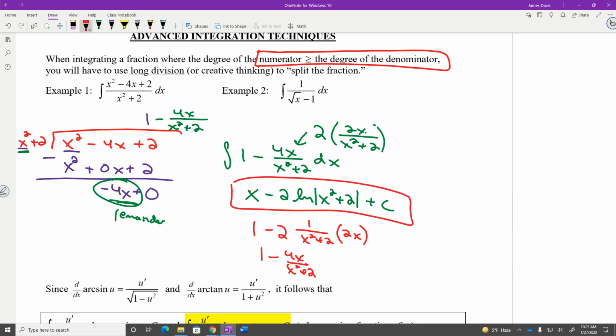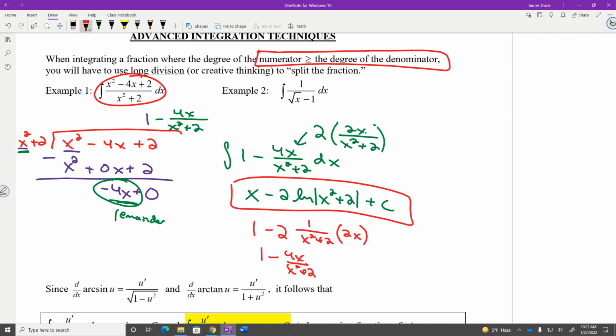The only problem with checking on this is you can get this, but it's not what you originally started with. It's just your simplified version, so you can't actually truly check the answer. So that's long division, integration technique.